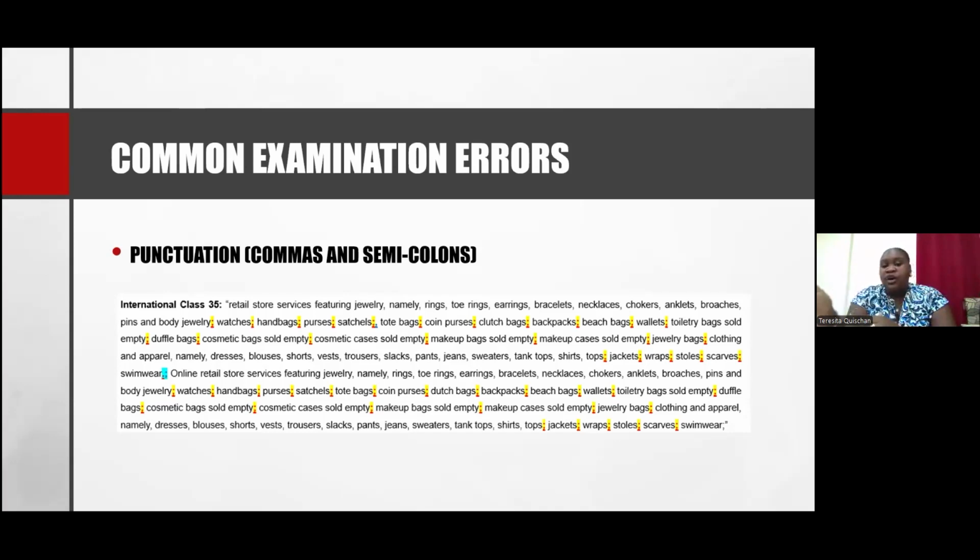However, as we move on, you notice that it's separated by semicolon, which is a no-no, right? Once listing, we know that we're supposed to use commas. So this is just an example here of the punctuation issue that we face.